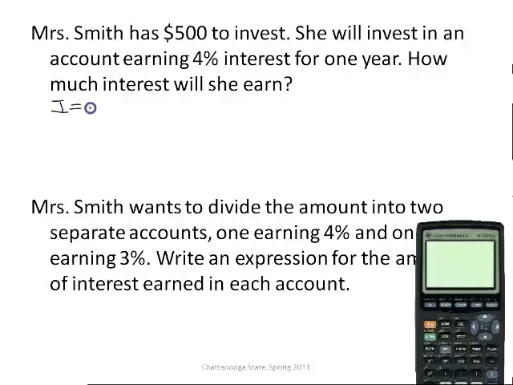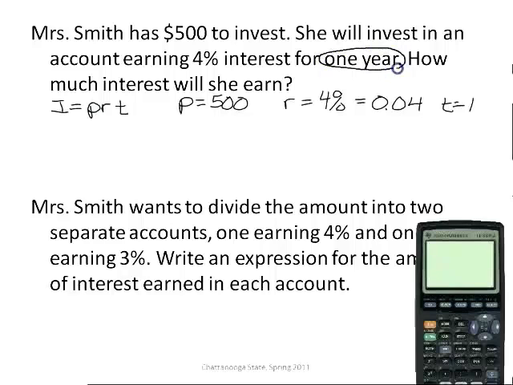So it's simple interest, so I want to write down my formula. My plan is that I'm going to use this simple interest formula. What I know is that the principal is the money she's going to invest, which is the $500. The interest rate is the 4%, so I need to use the decimal form of that. Divide 4% by 100, you get 0.04. And here my time, it tells me, is 1 year.